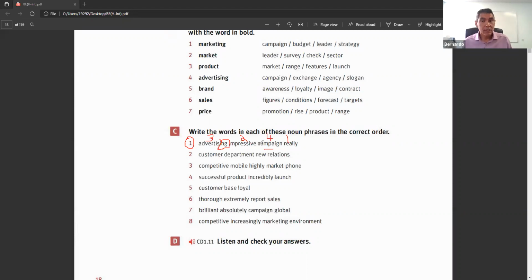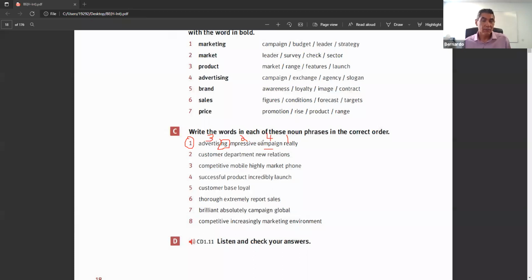Impressive is an adjective. Advertising is also an adjective there. You're describing what type of campaign. It could be a political campaign, a business campaign, a religious campaign, but in this case, it's an advertising campaign.